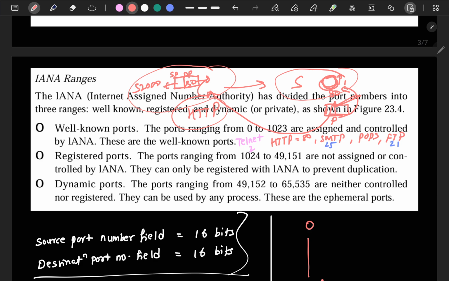Like this, for example, Telnet is used for login, all the login processes you do on the internet. So like this you have to understand. That is why we use well-known ports. Okay, so I think you understood what I mean, right?